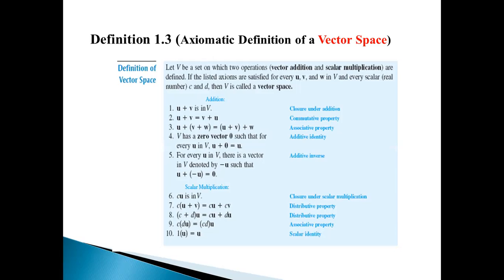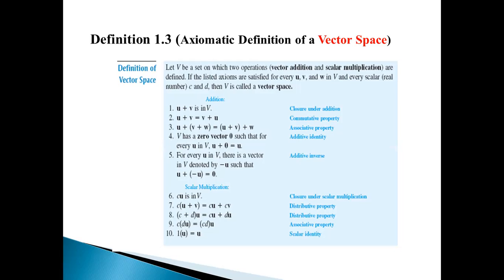So a set V, together with the definition of addition and scalar multiplication given, if it satisfies these 10 axioms, then that set is called a vector space. This is the definition of a vector space, which is used to prove if a set is a vector space.